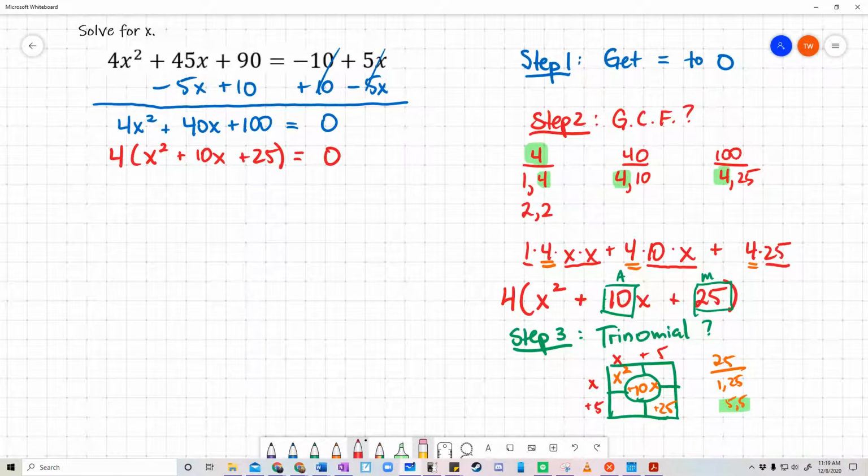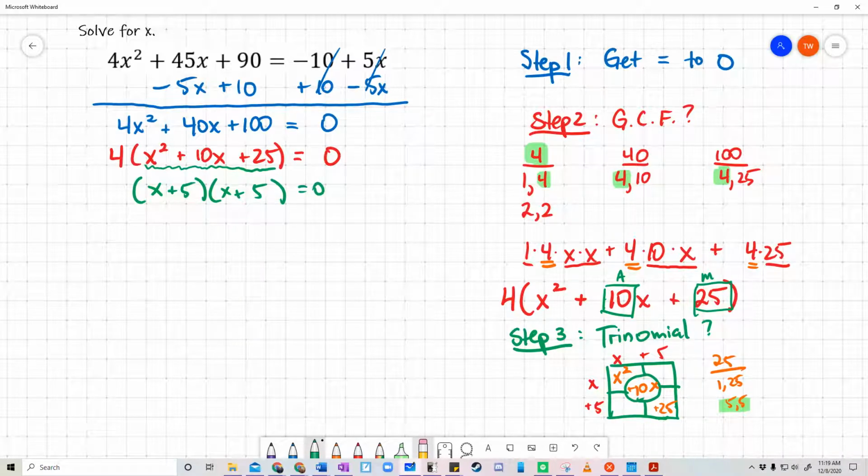Now I've factored the stuff in parentheses farther, so I'm going to write that underneath in my required work. So just this part is going to factor into x plus 5 times x plus 5. And the 4 is just going to come down. Now my last step, I'll just say step 4, is let's actually solve this for x.